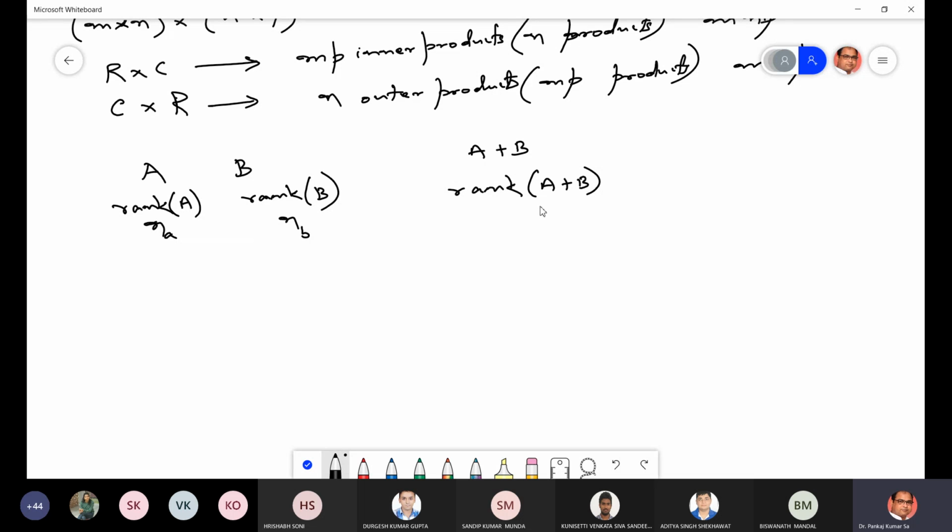Here what will happen? Less than na plus nb. Yeah, that's correct. So the rank of A plus B will always be less than or equal to na plus nb.